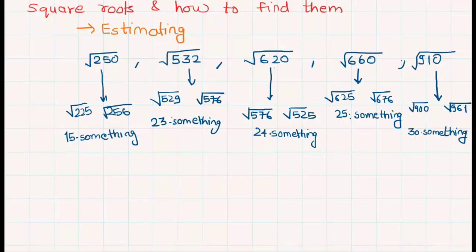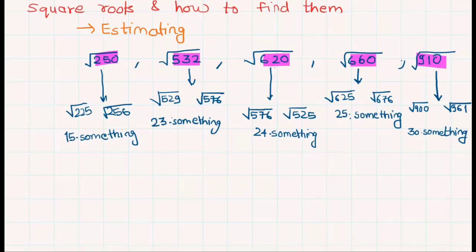What we'll learn is how to estimate a square root. Now, these are not perfect square numbers. We can see that these are not perfect square numbers. But we can estimate between which two square numbers they land. Easily it can be estimated.